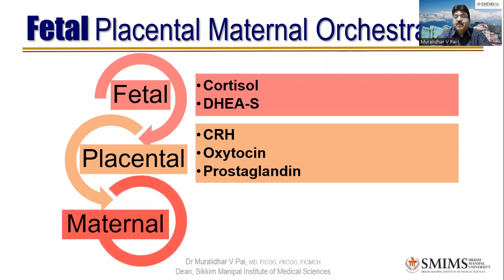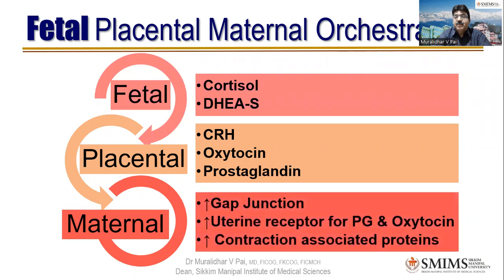So mother also has to chip in. She'll say, if the fetus is struggling so much, if the placenta is doing so much, what am I sitting quietly for? So mother also helps. Mother helps by increasing gap junctions, uterine receptors for prostaglandin and oxytocin, and increased contraction associated proteins. So everybody is so beautifully working hand in glove.